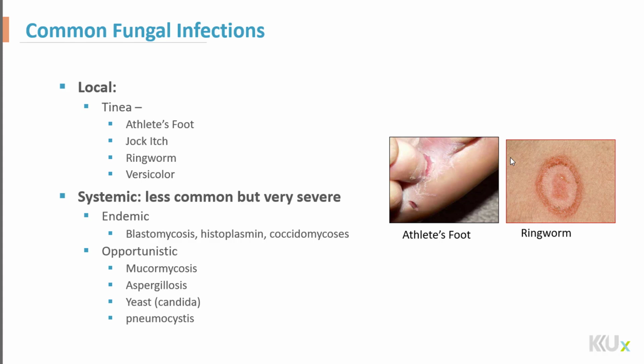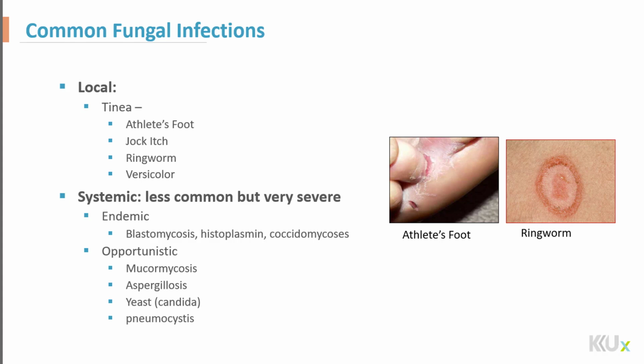Systemic fungal infections are luckily less common but very severe. They are common in patients who are severely immunocompromised, like AIDS patients or patients who are undergoing transplant, for example, or who are given high doses of oncology medications.